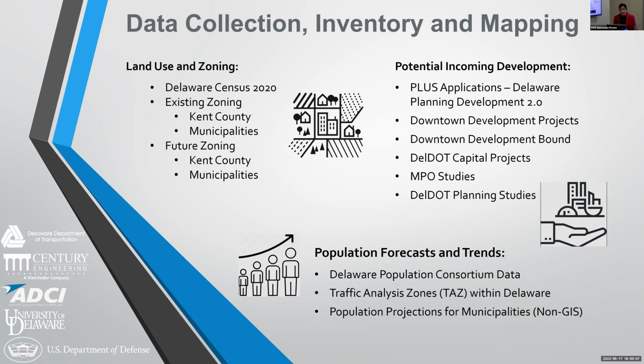Most studies have a series of recommendations, whether they're short, mid, and long-term recommendations, and those generally, once they get funding, move forward and become projects. So we want to look at how those projects could affect the Air Force Base. And then we're also going to show you population forecasts and trends. Where are the future growth anticipated areas for municipalities and things like that.